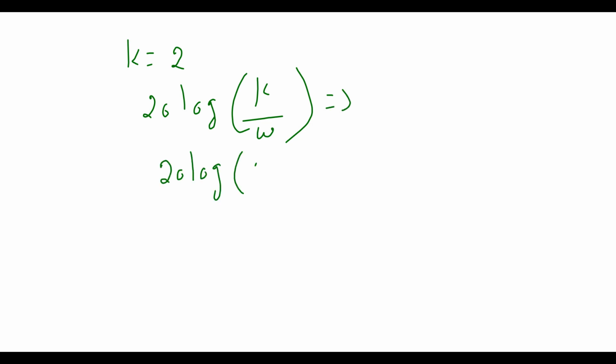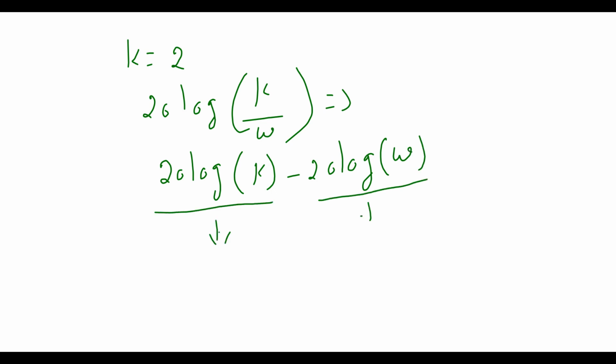So this expression I can rewrite as 20 log of k minus 20 log of omega. By this I can calculate 20 log of k separately, then I can calculate 20 log of omega separately, then I can find the values.